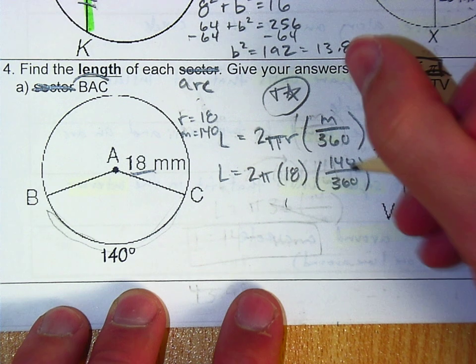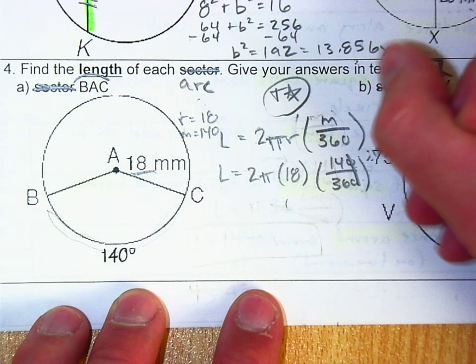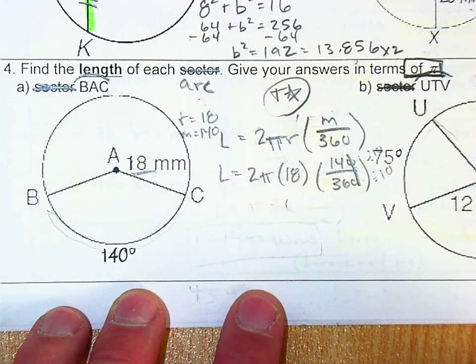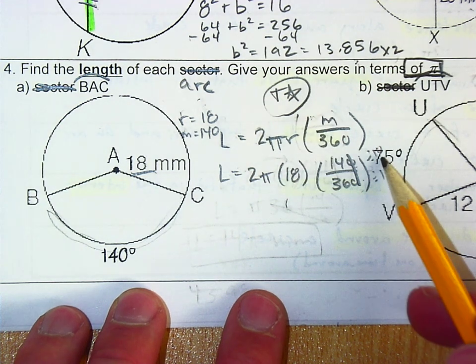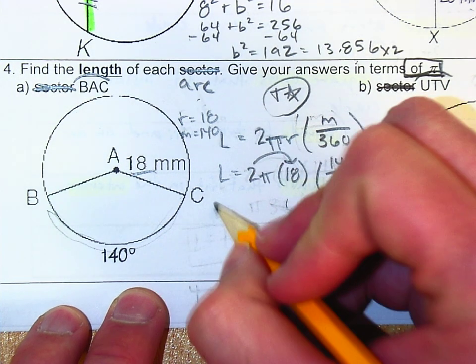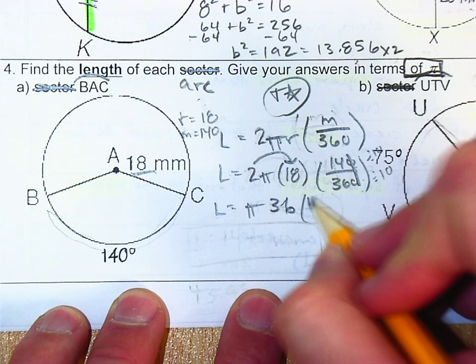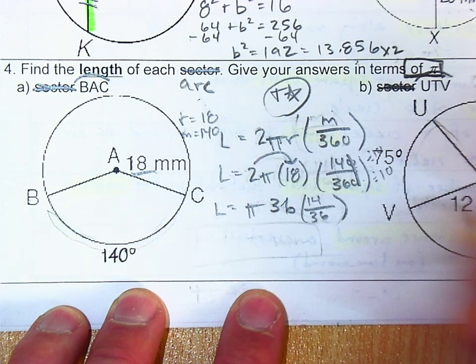Right off the bat, I notice I have these two zeros. Remember, I can only cross these out if they're two zeros, right? And it's essentially just dividing by 10. After that, I'm just going to start multiplying into the parentheses. So I'm just simplifying this down by multiplying.